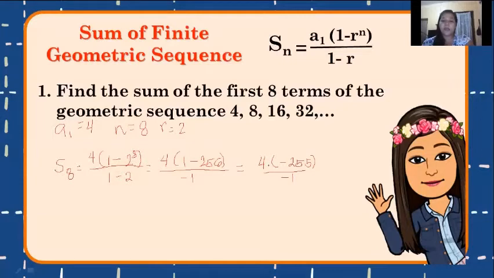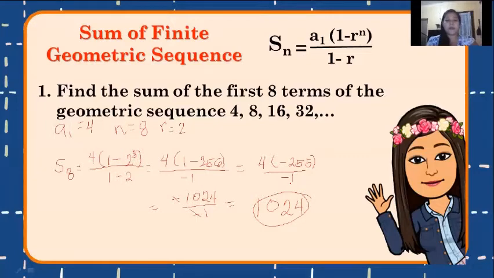Multiplying this, you will arrive with negative 1020 divided by the negative 1. So we cancel the signs. That is equivalent to 1020. So this will be the sum of the first 8 terms of the given geometric sequence.